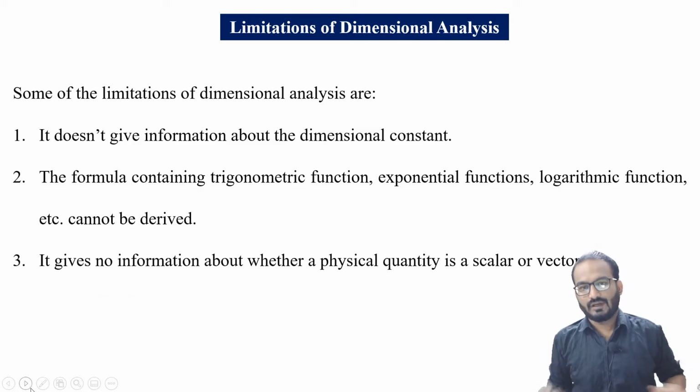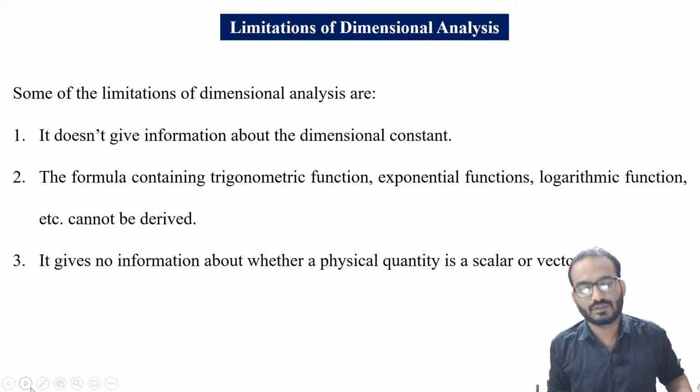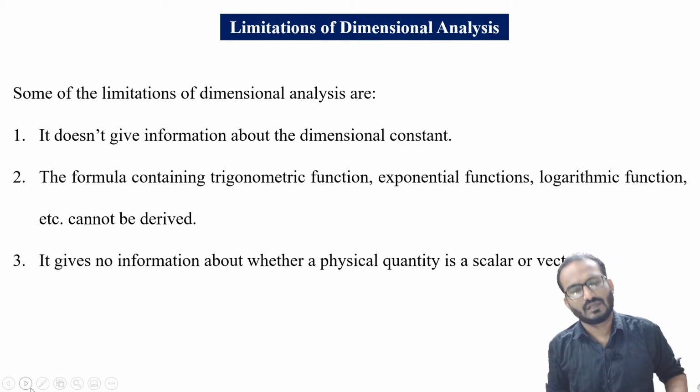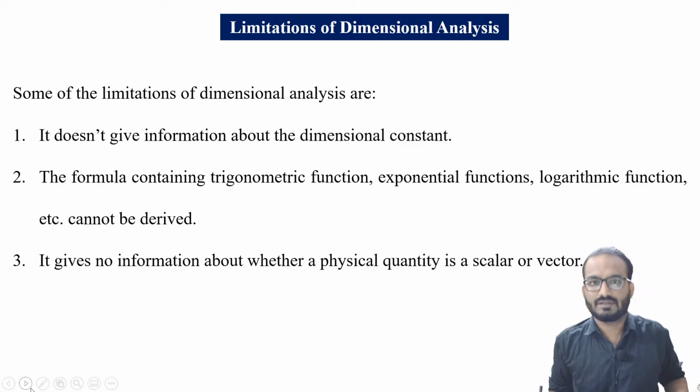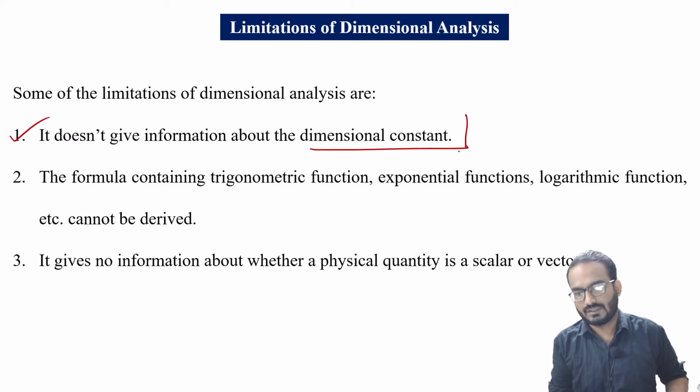Okay, so as far as the previous videos are concerned, we have only talked about the importance, significance, and advantages of using dimension analysis. But this technique has its own limitations. Some of the limitations of dimensional analysis are listed here. It doesn't give you information about the dimensional constant.